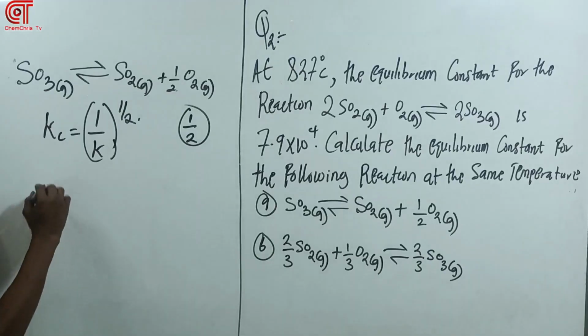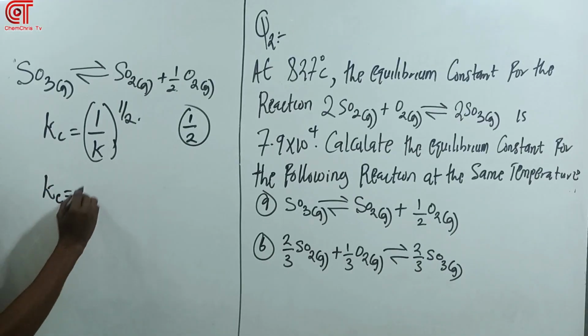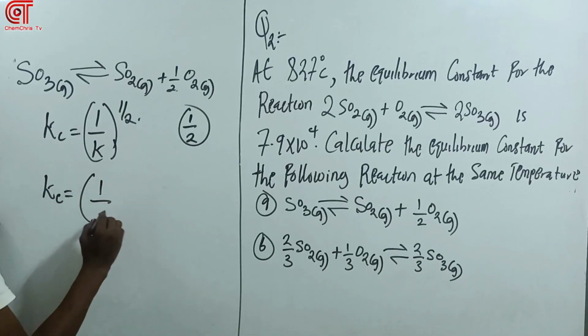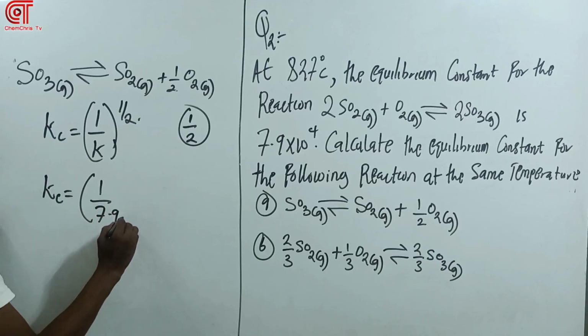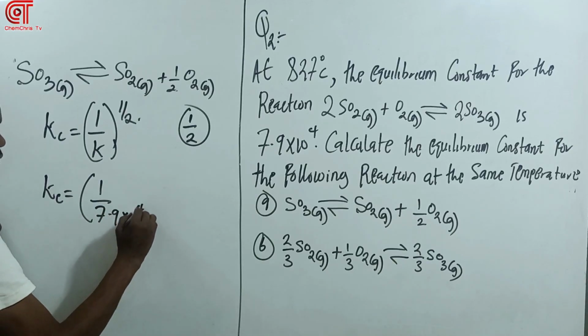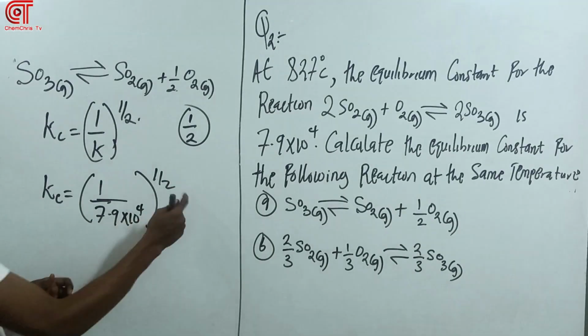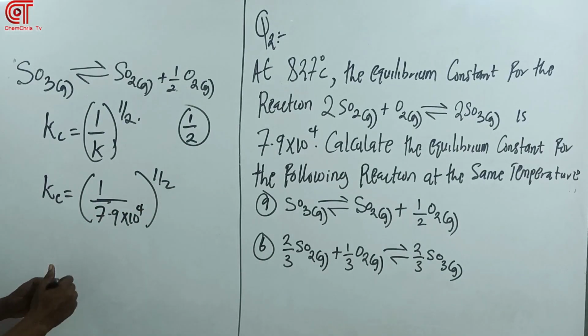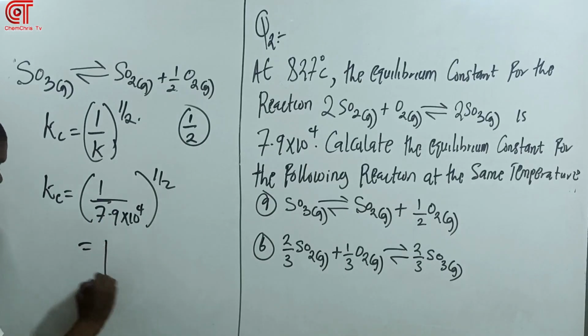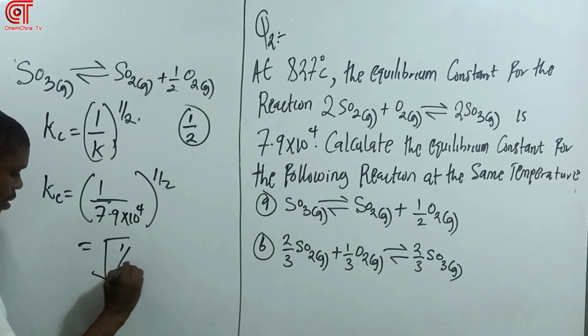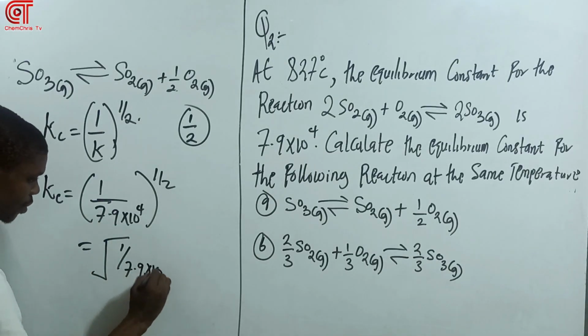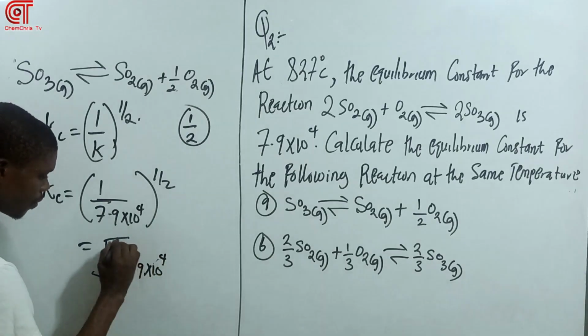So you have Kc for the reaction going to be 7.9 exponential 4. It is also the same thing as the square root. So here it is going to be the square root of 7.9 exponential 4.